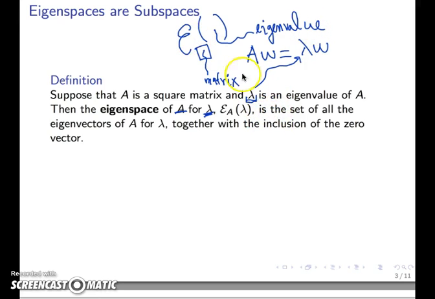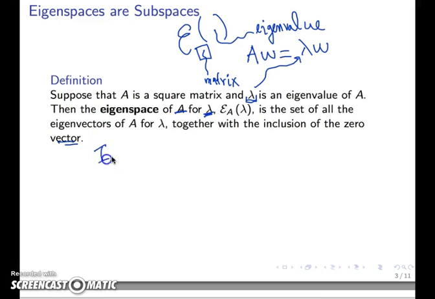This eigenspace, denoted as E sub A of lambda, is the set of all eigenvectors of A for that specific lambda, together with the inclusion of the zero vector. What happens is that the zero vector is kind of a trivial eigenvector.